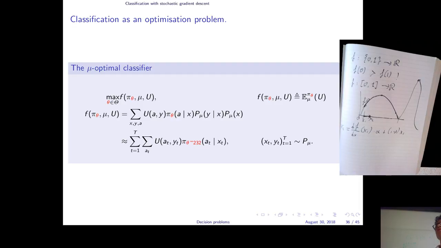So we want to maximize the expected number of correct classifications. Now let's say that we have a model for the data. Somebody gave it to us and says, this is the probability of seeing a particular X. This is the probability of seeing a particular label Y. So we know the model, there's nothing to compute apart from a policy for classifying things one way or another.